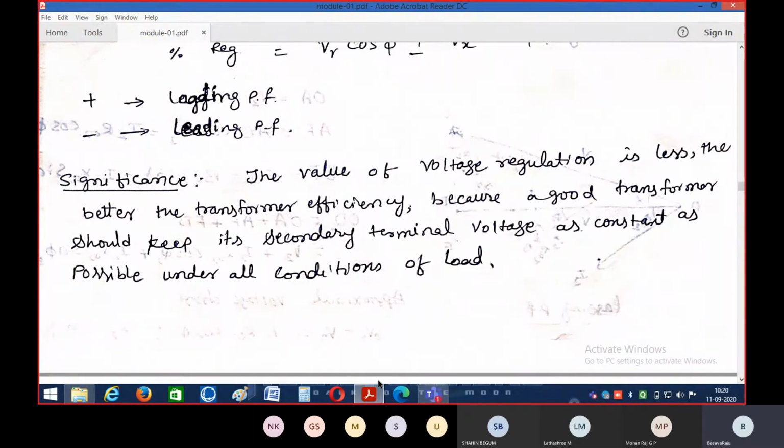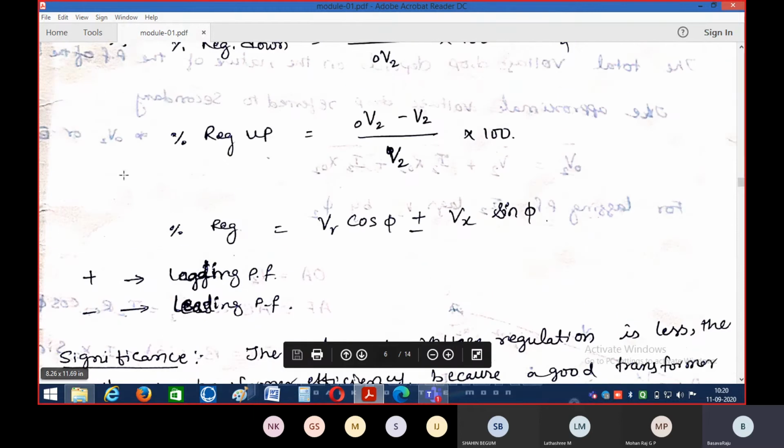For regulation to be minimum, the numerator, that is V2 naught minus V2, should be lesser in value. So in order to get this numerator term to be less, there should be very little voltage change from no load to full load. If we have that, then we get lesser voltage regulation.